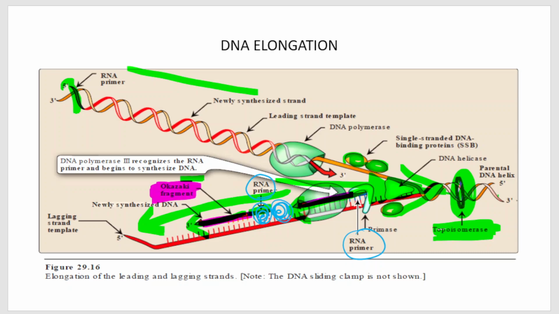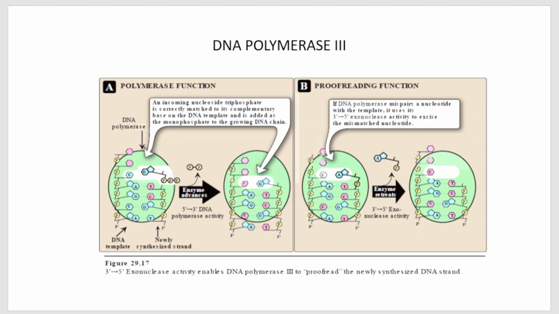Finally, I have to join these fragments to form one single strand. So how do I join these fragments? Using DNA polymerase 1 and DNA ligase, I am going to join those fragments.